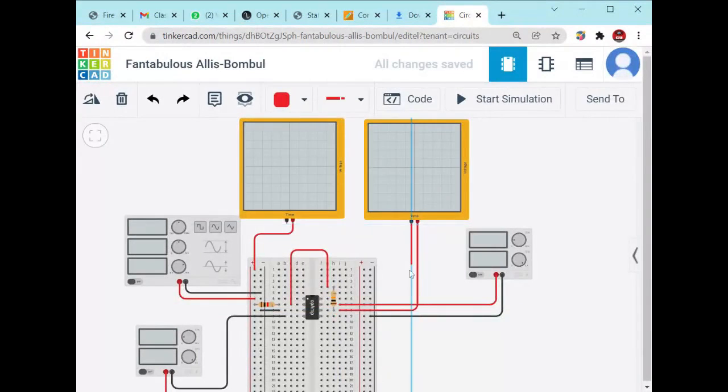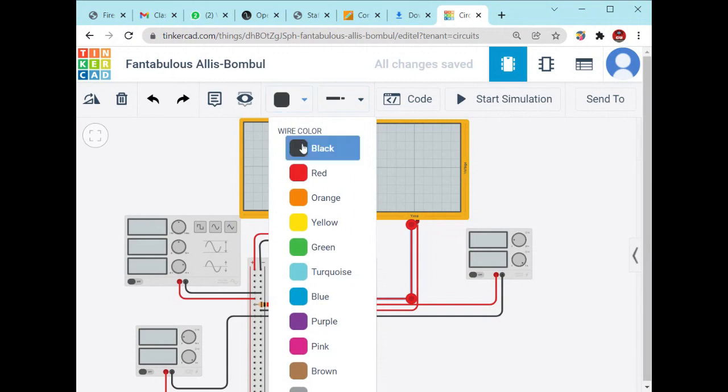This is the negative connection, and it should be connected to the negative, and this is also a negative connection that should be connected to the negative terminal. Change the color of the negative to black. Here also this is your negative terminal, so its color should be black.